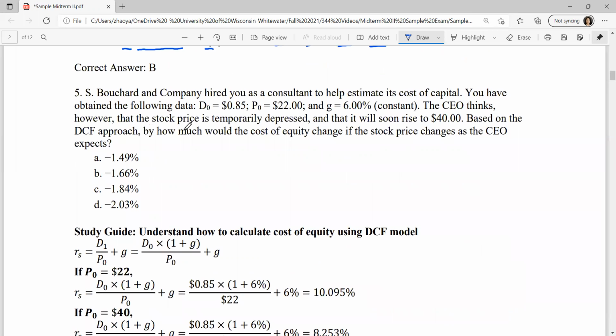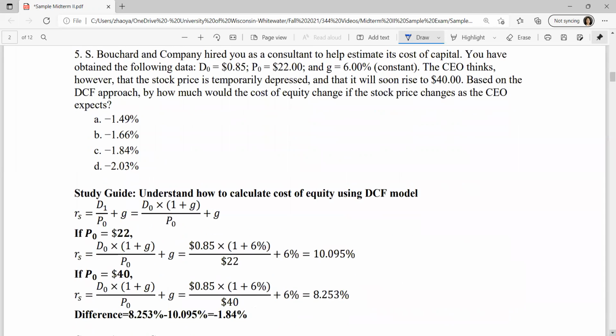Question 5. S. Bochard and the company hired you as a consultant to help estimate its cost of capital. You have obtained the following data: D0, P0, and G here. G is the constant dividend growth rate for the company.